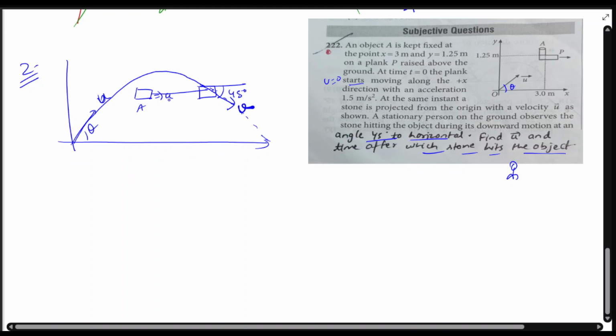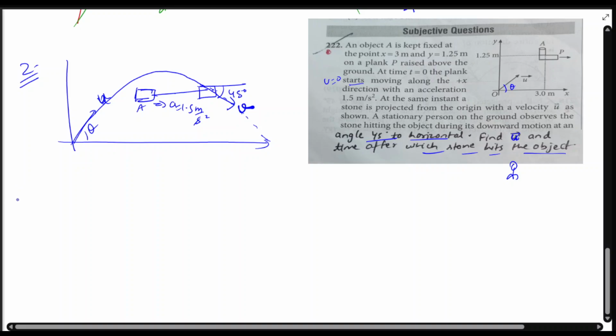We don't know this V. This A is moving with an acceleration of 1.5 meters per second squared. Now we have to find the time, and we have to find u, the u vector. So we have to make the equations.